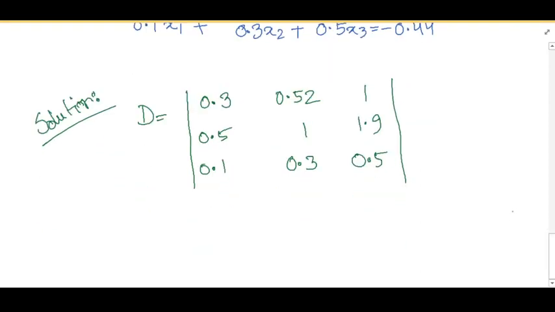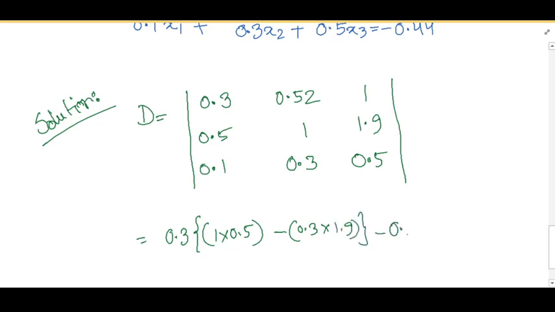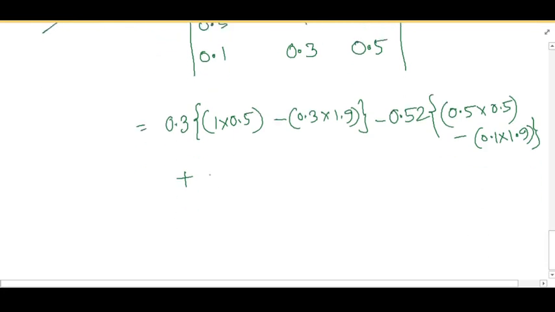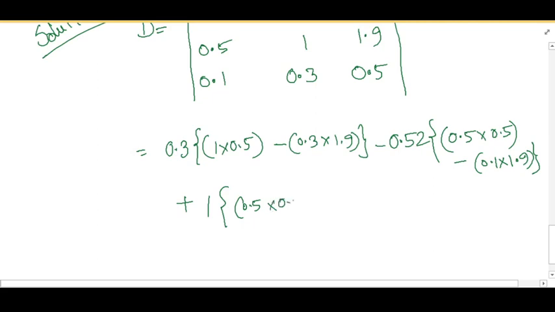And the determinant of this, how to calculate the determinant of this: 0.3 multiplied by 1 multiplied by 0.5 minus 0.3 multiplied by 1.9, minus 0.52 times 0.5 multiplied by 0.5 minus 0.1 multiplied by 1.9, and finally plus 1 times 0.5 multiplied by 0.3 minus 0.1 multiplied by 1.